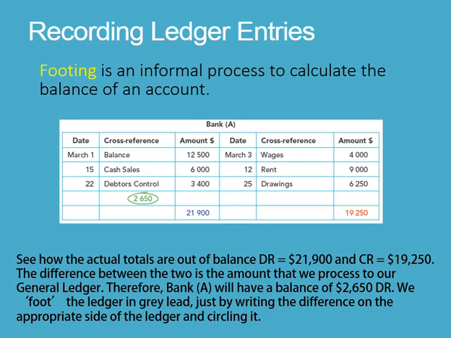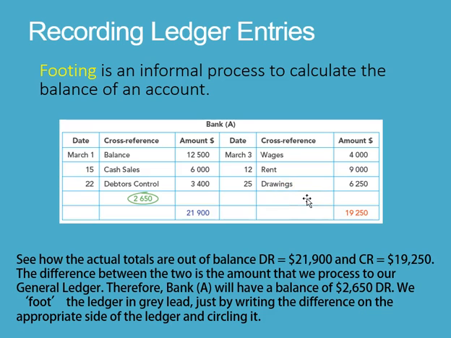The difference between these two is the amount that we process to our general ledger. So our general ledger is just a summary of what we've got left. If we've got more debits than credits, it's just the difference. Our liability accounts would have a credit balance. Otherwise, we don't have a liability.